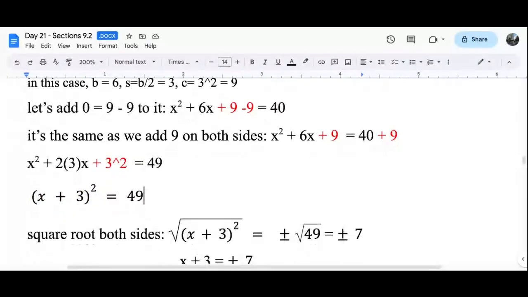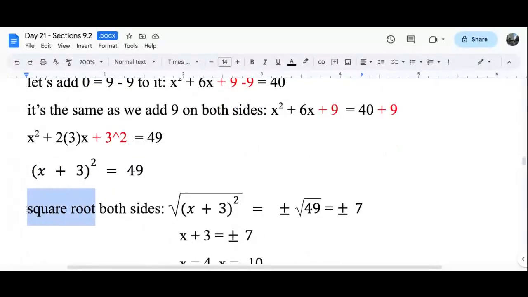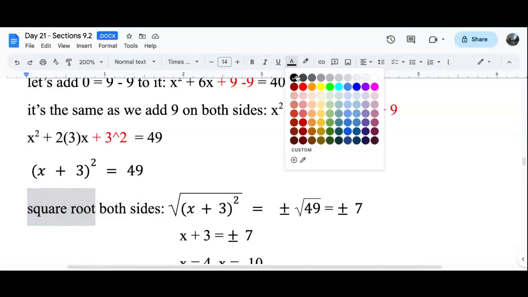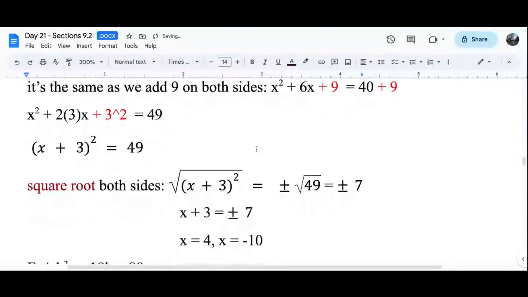Now let's square root both sides. We square root the left-hand side, we get x plus 3. Square root the right-hand side, we put a plus or minus, because a negative number squared also equals a positive. So when we square root, we give a positive value and a negative value, two values. The square root of 49 is 7, so we get plus or minus 7.